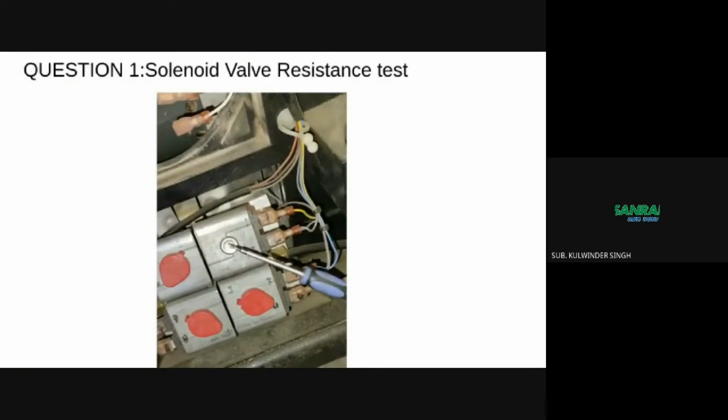The integrity of a solenoid valve can be checked by doing the following. Firstly, switch off the concentrator and remove the red cap on the top of the solenoid valve using a flat screwdriver. Then switch the concentrator on and hold a small screwdriver slightly over the top of the valve stem, as we can see in the presentation.